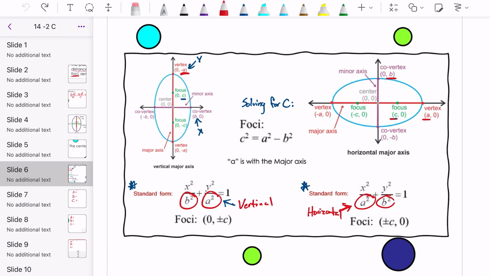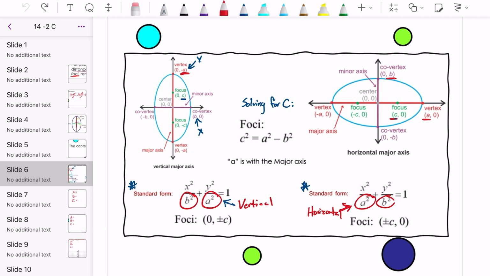As you can see for the vertex on the right-hand side, because we are moving left and right across that vertex, we are actually on the x-axis, while on the left-hand side, if we're talking about the vertex, because it's on a vertical line, it would move up and down based off of your y rather than your x.